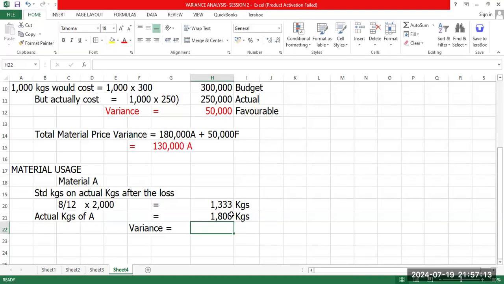Colleagues, do we have favorable variance or adverse variance? This is budget. This is actual. So you planned to use this, but you actually used this. So this is adverse.